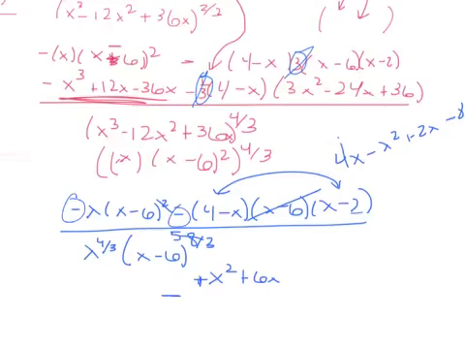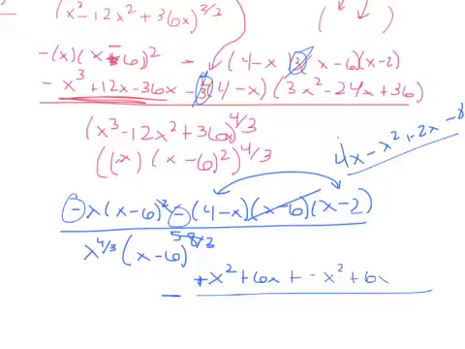So now that'll be positive. Will that make you happy? There. Okay, so plus, and now I've already FOILed that out, so that would be plus negative x squared, positive 2x and positive 4x plus 6x, and then minus 8, all divided by x to the 4/3 times x minus 6 to the 5/3.